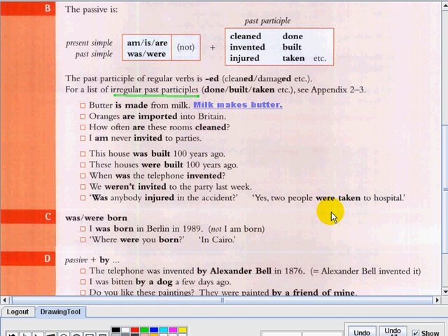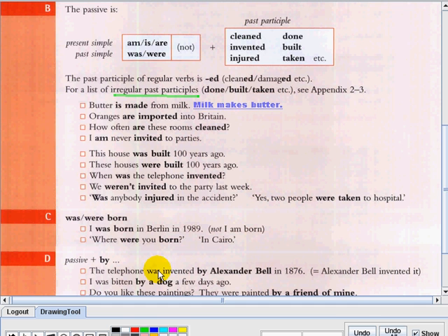While in this sentence, our verb here is irregular, which is take, and the past participle is taken. That's why we should be careful when it comes to putting the right participle. Alright? And we should know what the irregular verbs are. Okay? Now, we used were because we have here 2 people as our subject. Alright? I hope you will not forget that.